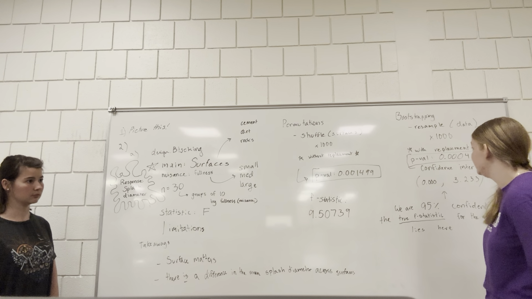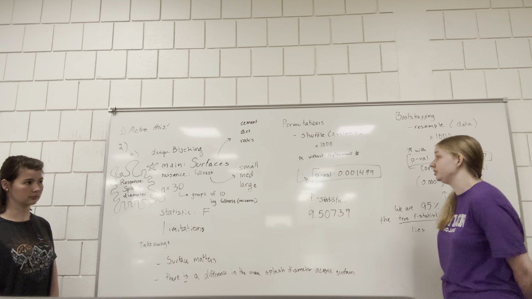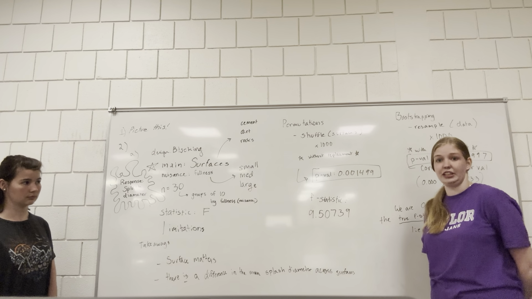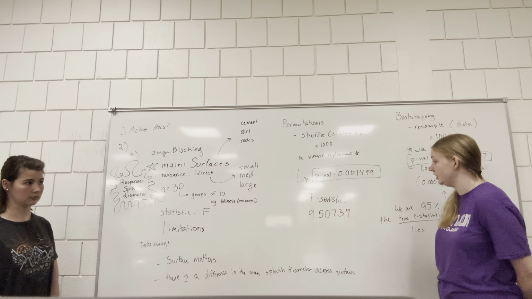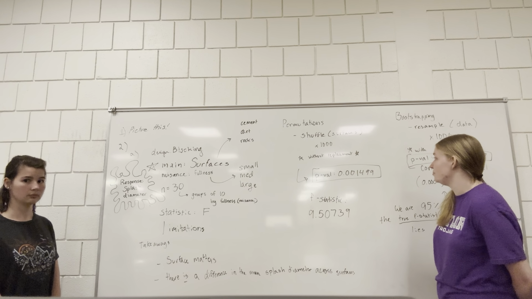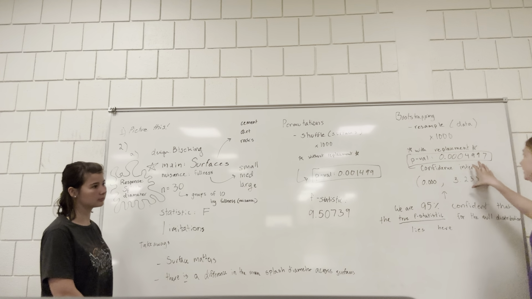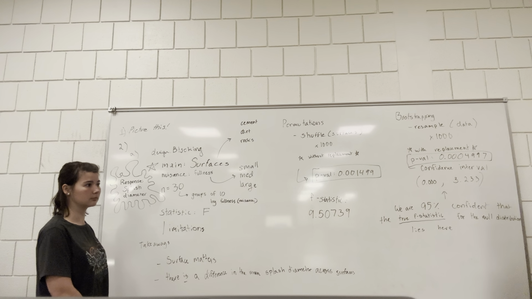Which means that if the null distribution is true, the probability of getting the F statistic that we did, approximately 9.5, is 0.001499 for permutation, and even lower for bootstrapping.